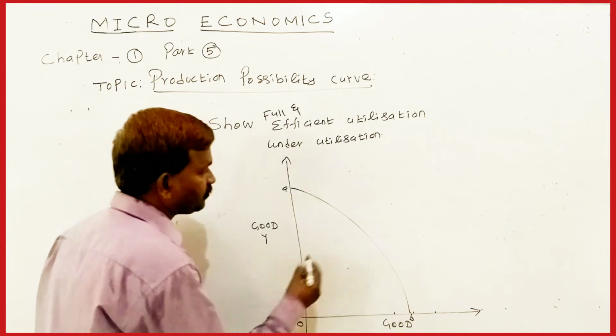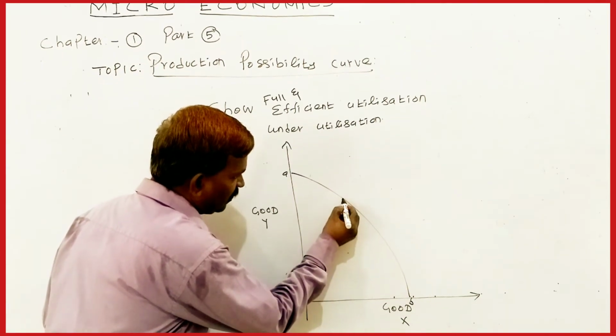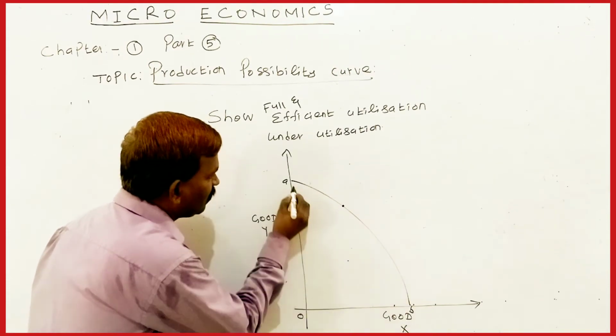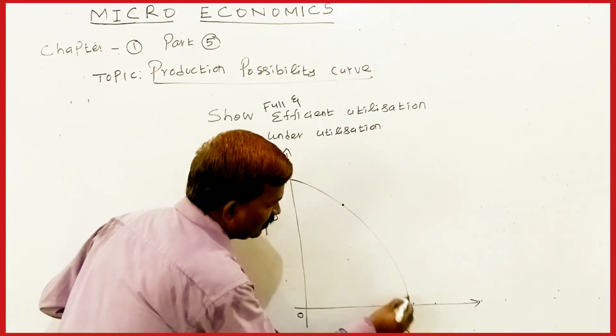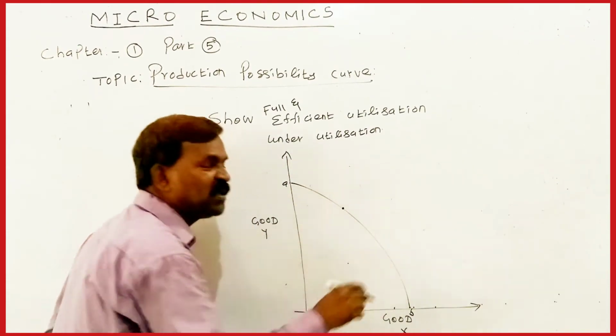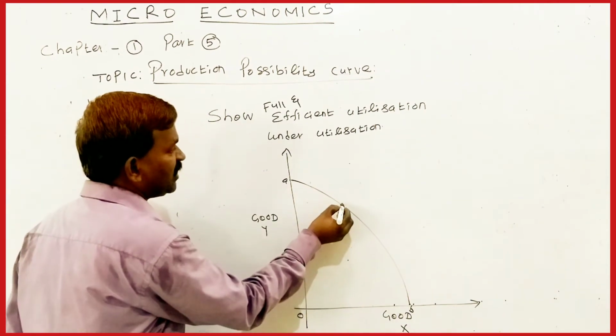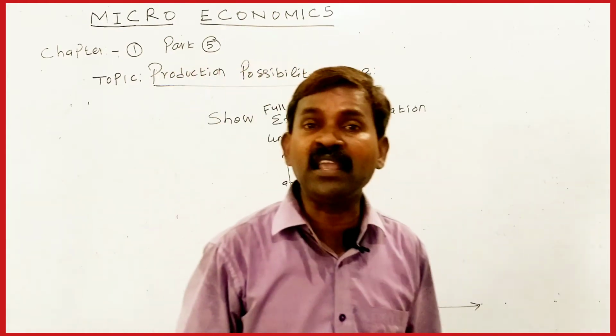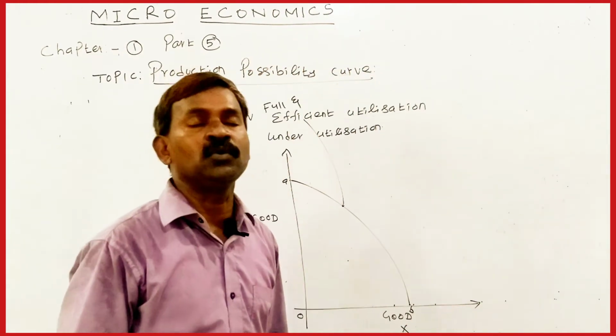Number 1, you plot a point. When you plot a point anywhere on the PPC, what does it show? It shows the resources are fully and efficiently utilized.